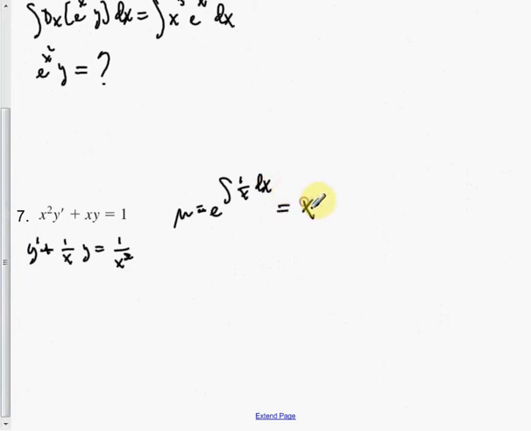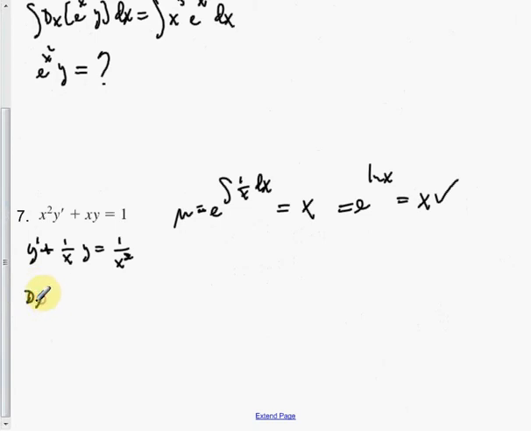This is equal to x. Do you see that? That's just x. It's e to the natural log of x, and what's e to the natural log of x? Just x, right? So we multiply everything through by x.